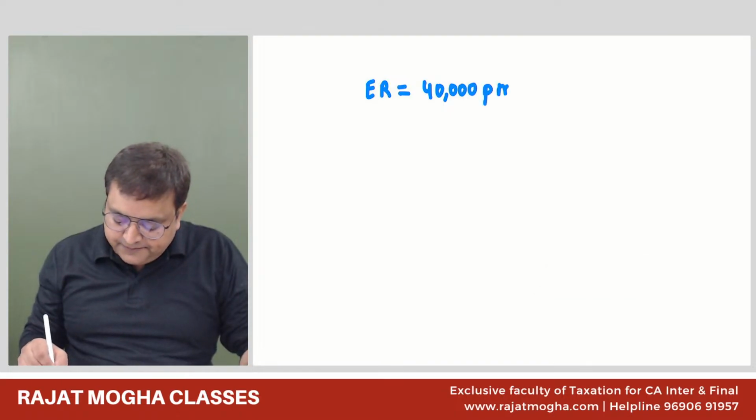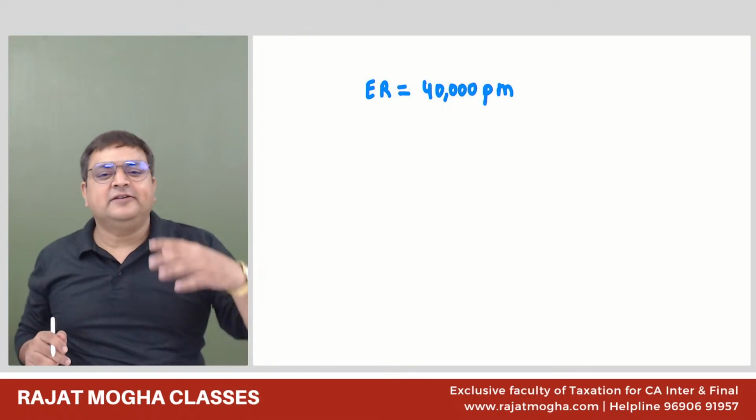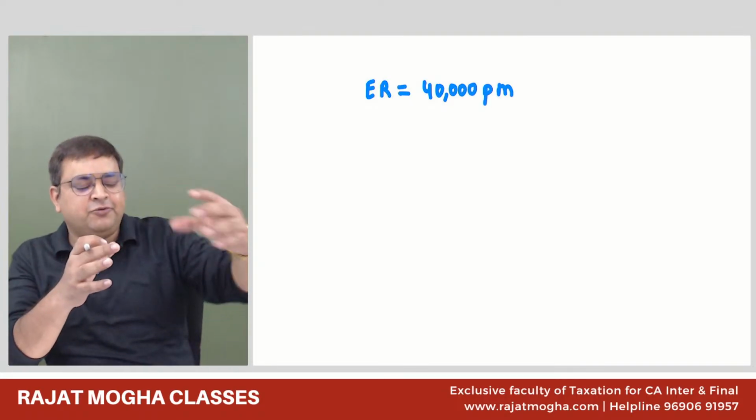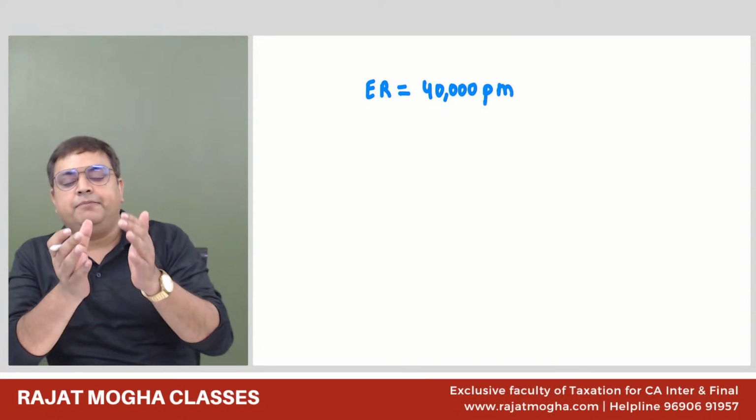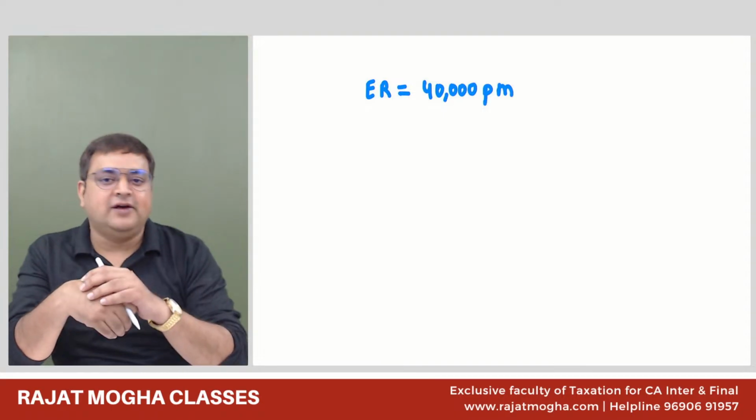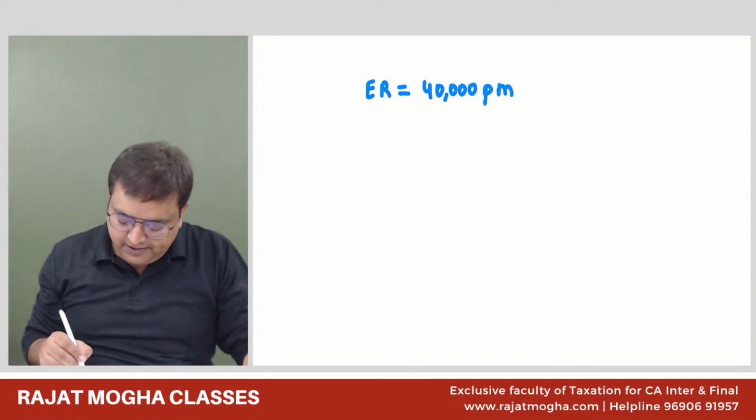What is expected rent? Expected rent means that this property has a capability that it can generate rent of 40,000 rupees per month.